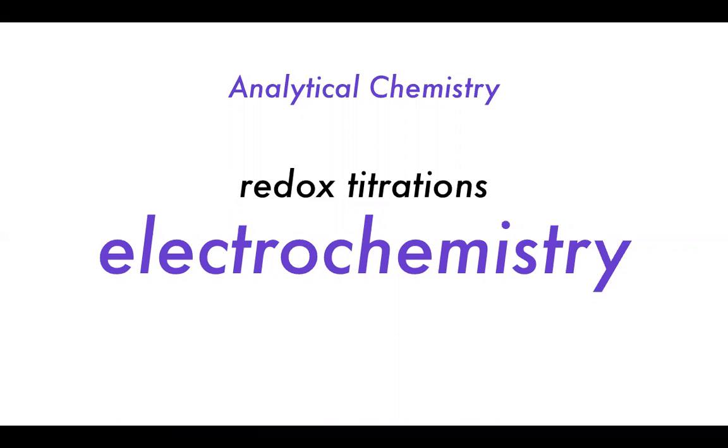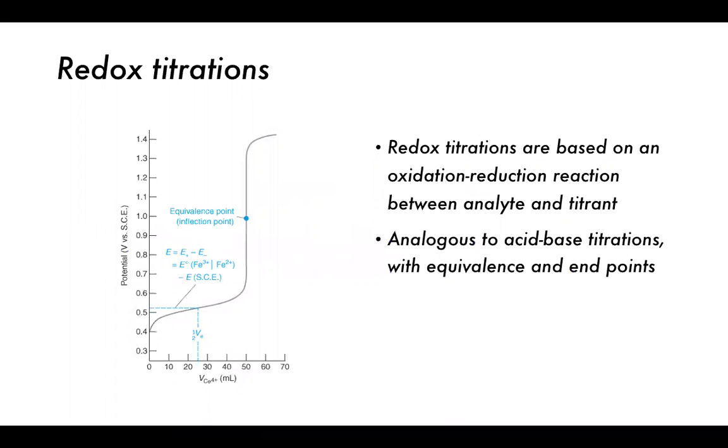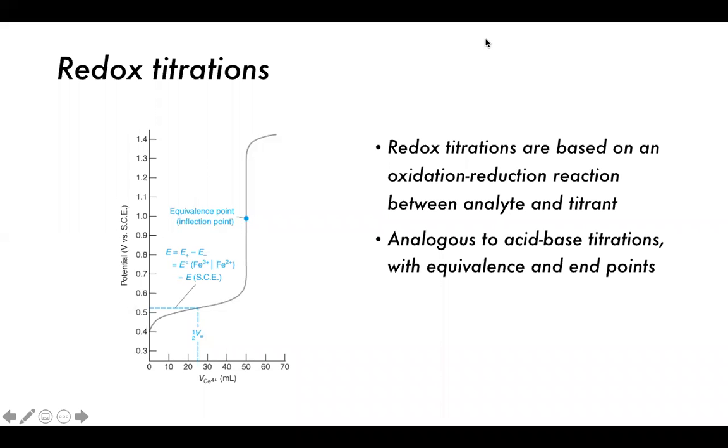Okay, so let's get started with redox titrations part 2. So last time we talked about redox titrations, and we saw that they had properties which were not totally dissimilar to those properties observed in things like acid-base titrations. This was in the sense that they had reactions which were occurring.